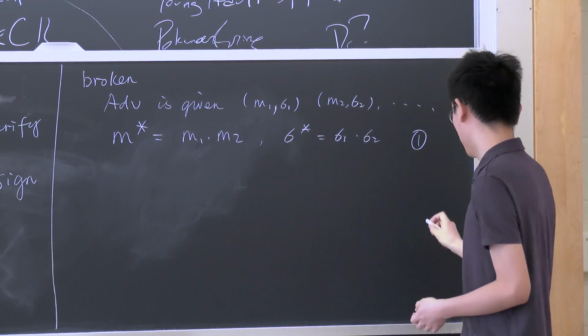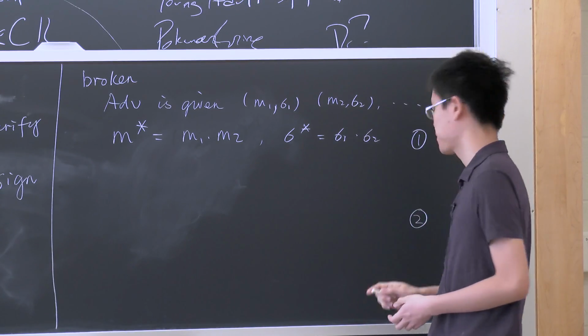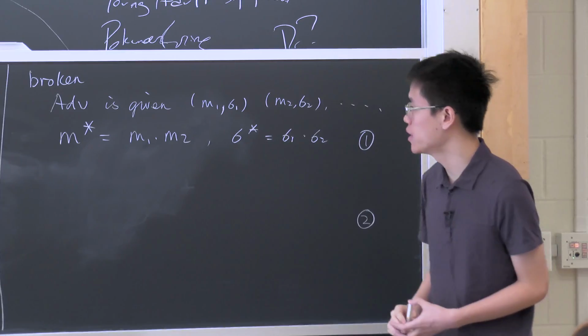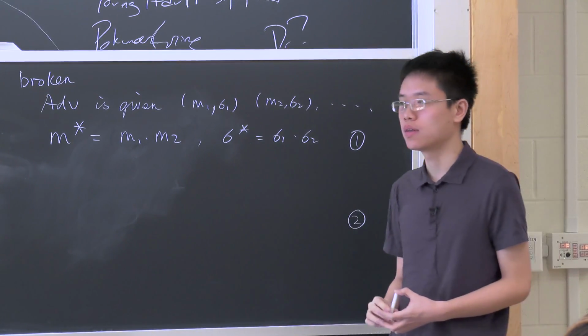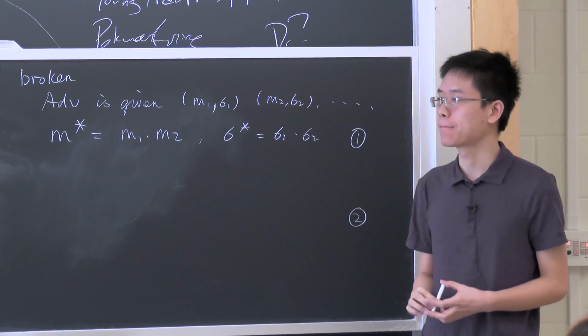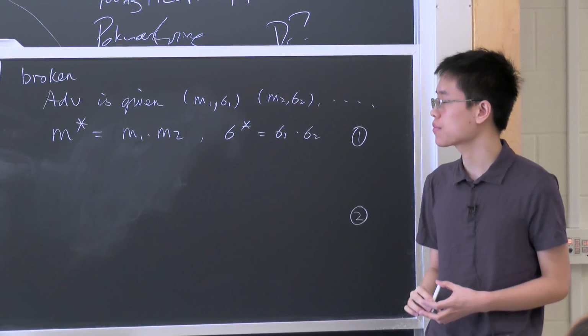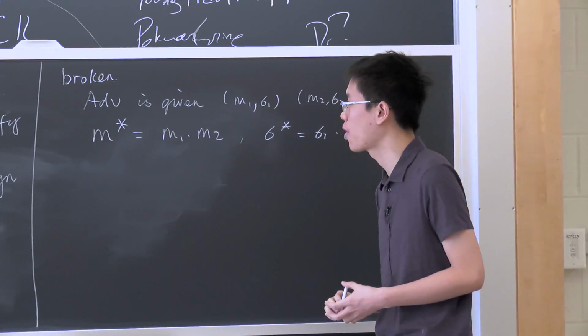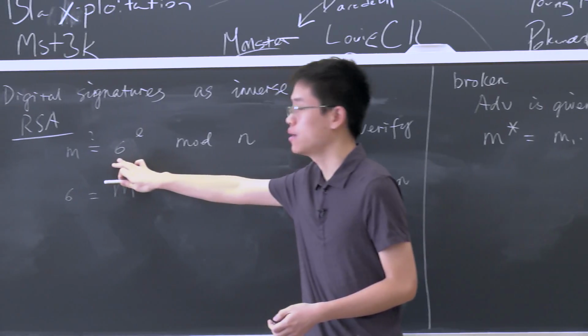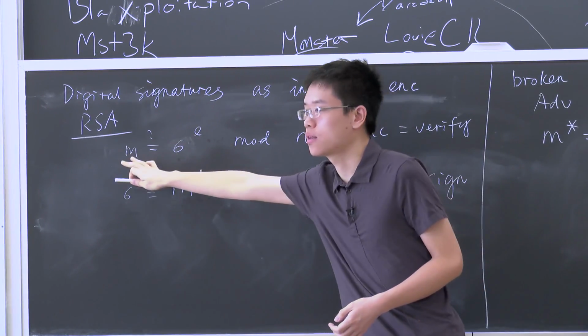Attack 1. There's actually another attack that's even simpler and tells you the scheme is even more broken. All I want to do is come up with a sigma that, when raised to e, is equal to m.